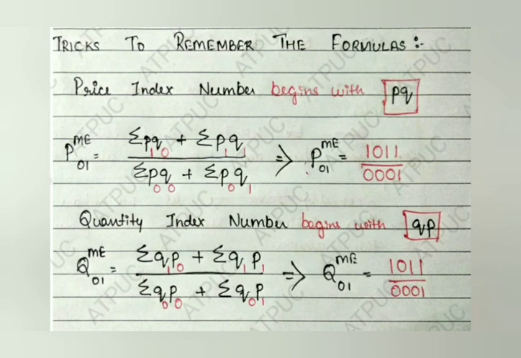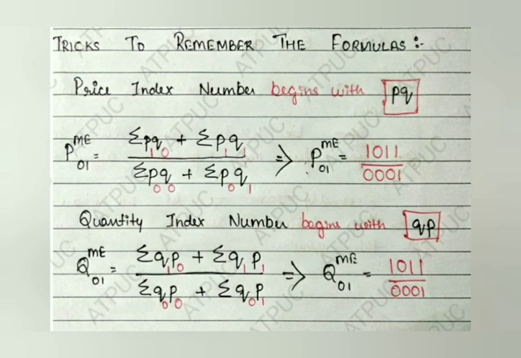Now let me share with you all how to remember the formulas. If you have observed, all the price index number formulas will have PQ in them, isn't it? So here is the Marshall-Edwards formula. You can see that PQ is common in this formula. So we need to remember only current and base year.